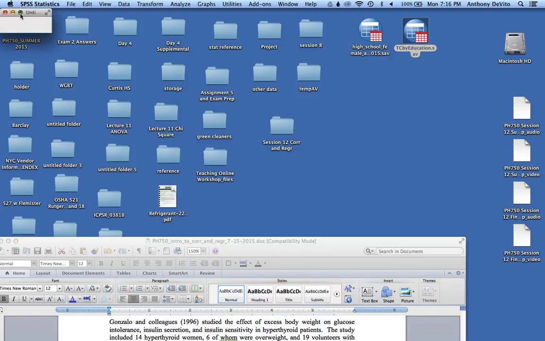Okay, let's see what file we have open here. And SPSS is continuing its effort to be the most annoying piece of software in the world.